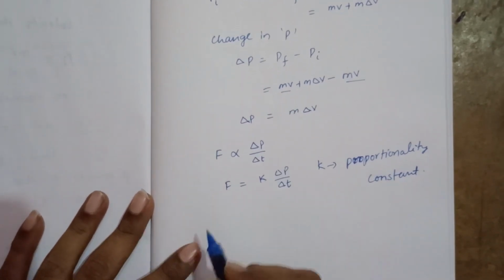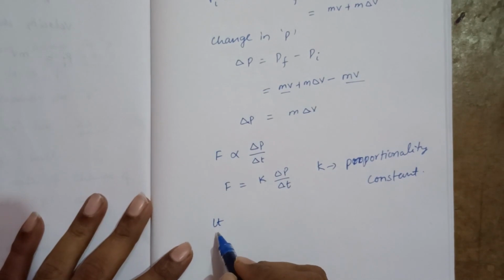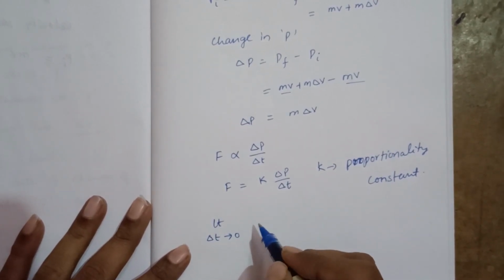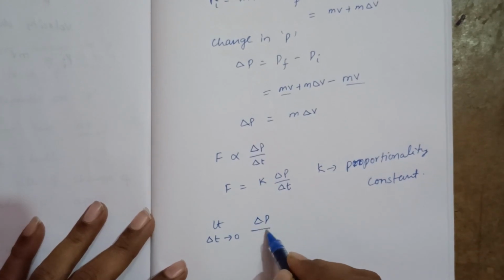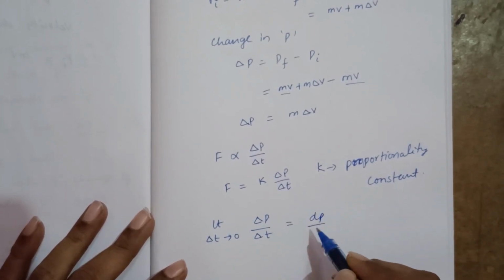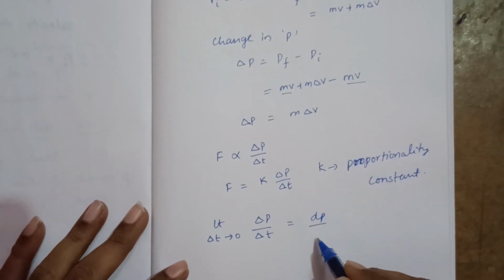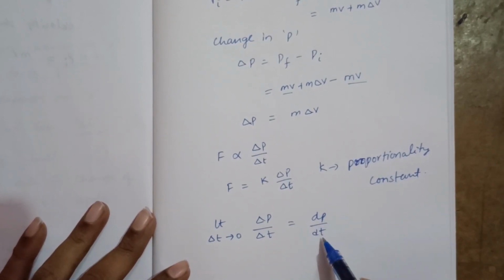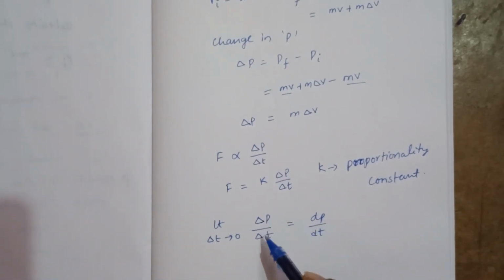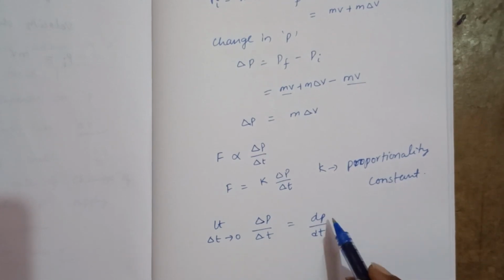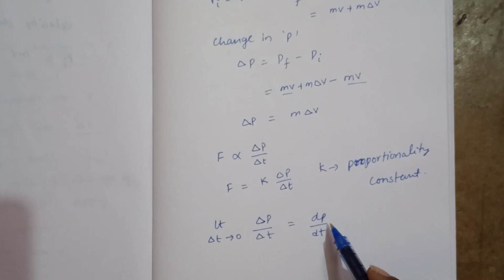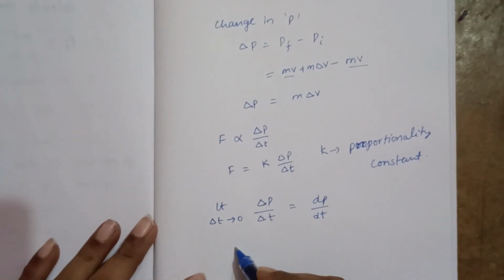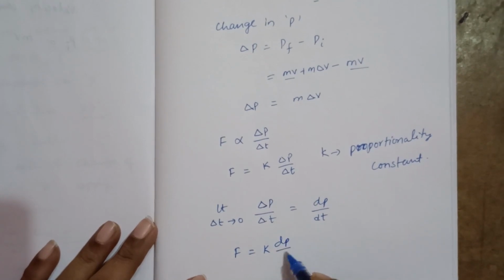Now by taking the limit delta t tends to 0, delta p by delta t becomes dp by dt, the derivative of momentum with respect to time. So we can write F equals k dp by dt.